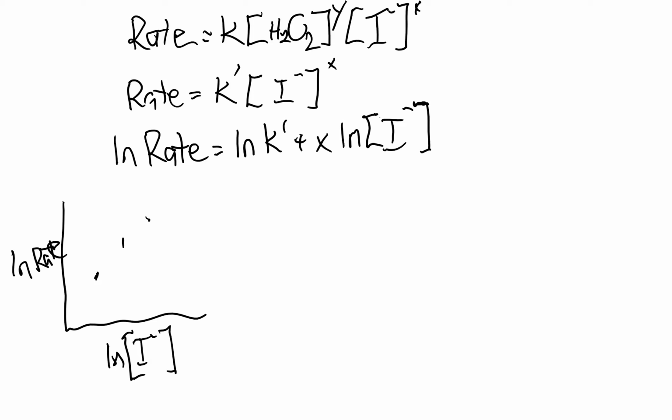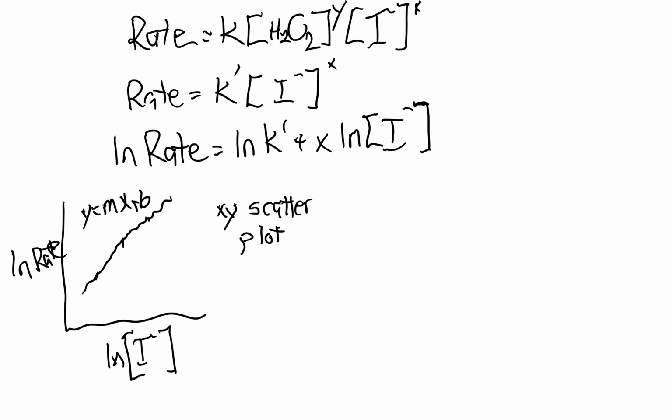And so you'll get 3 points. And from those 3 points, what you want to do is make a trend line. So we're talking about an XY scatter plot. And we need to add the trend line and equation. And from this equation, we'll get y equals mx plus b.